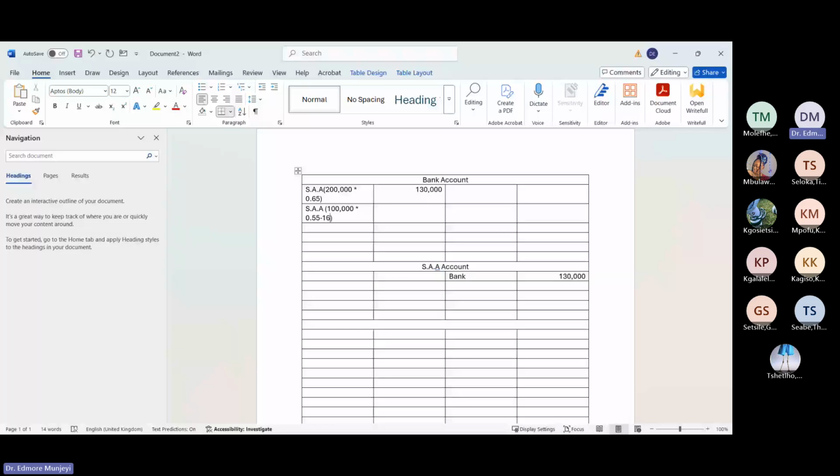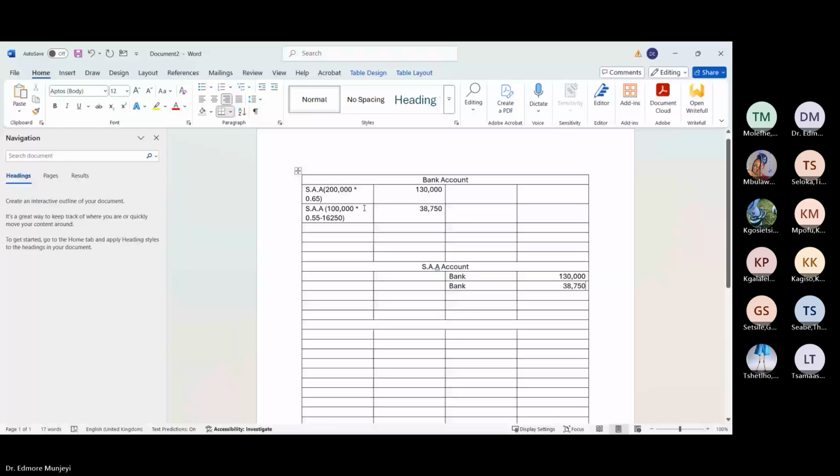That amount is going to be 38,750. And then we credit it at the share application and allotment account. It is from the bank, 38,750 crediting.